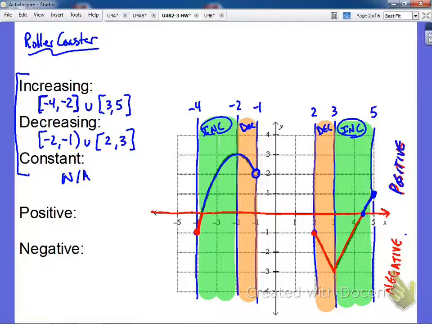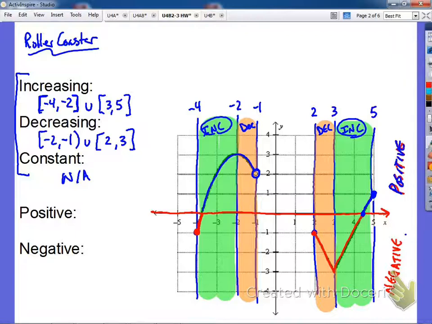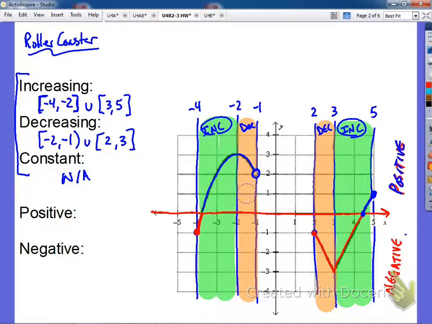So how do we write this? What we will say is the graph is positive on these intervals right here.